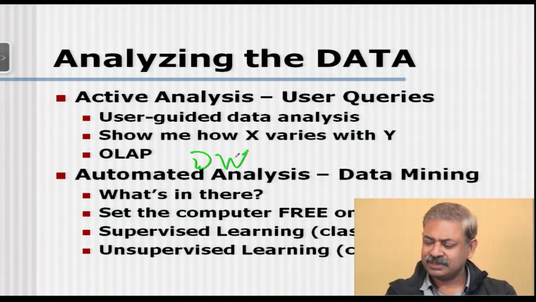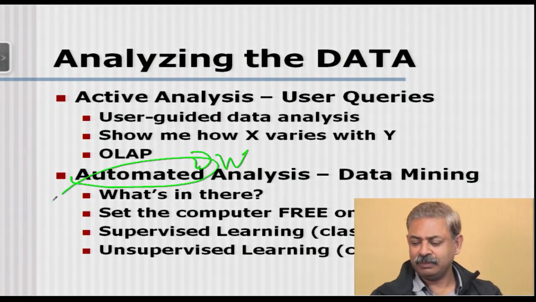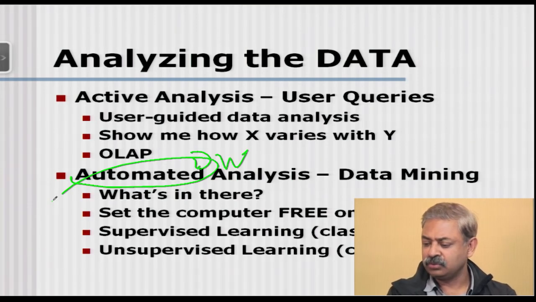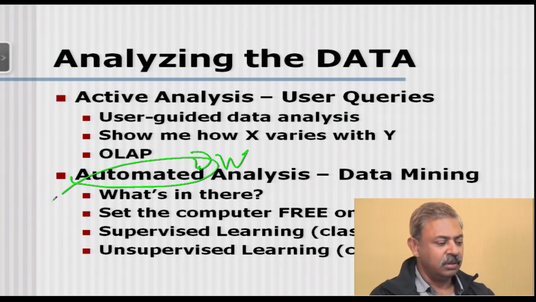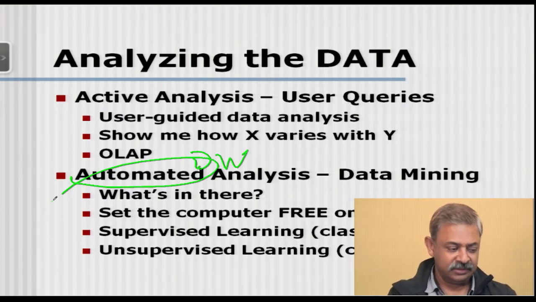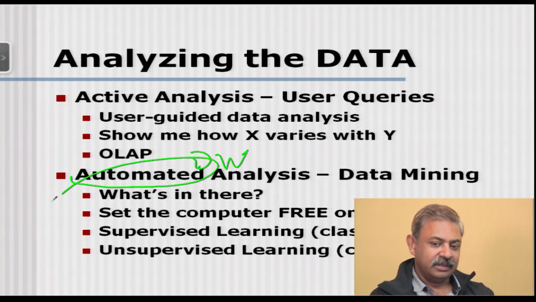Then on the other side, we have what is called automated analysis. Although this is not the right word to use, that's how it evolved. And that is done through data mining. Basically, we ask questions like what is there in the data. When people started introducing data mining, they said it is just like setting your computer free on your data, and it will try to find out what is there in your data.